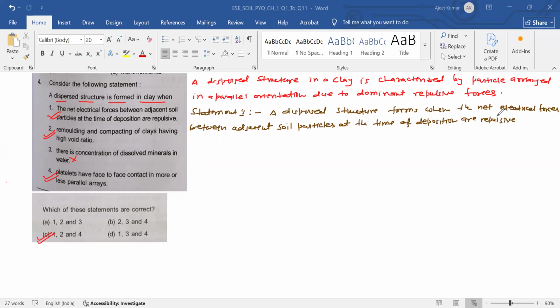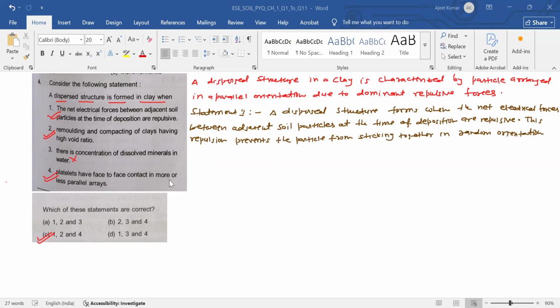This repulsion prevents the particles from sticking together in random orientation.